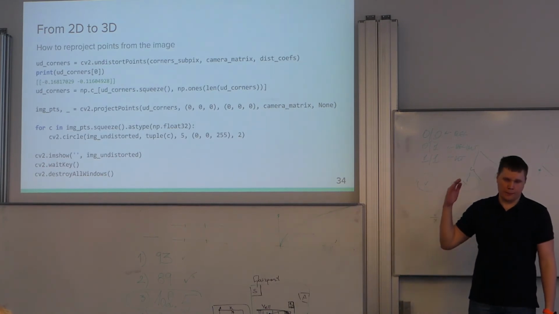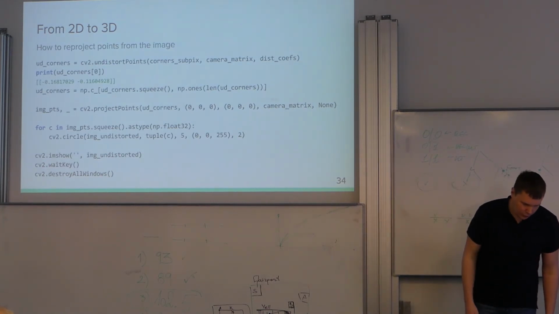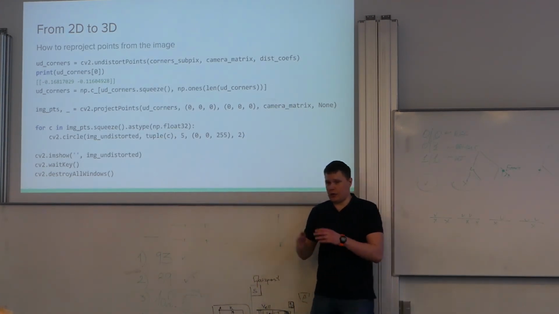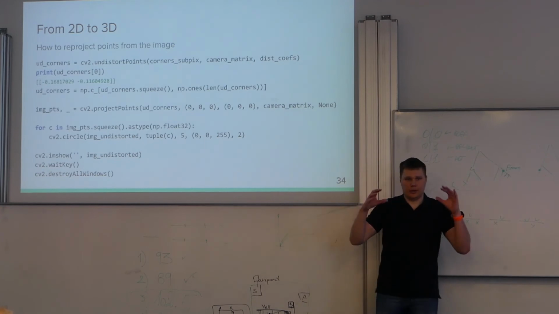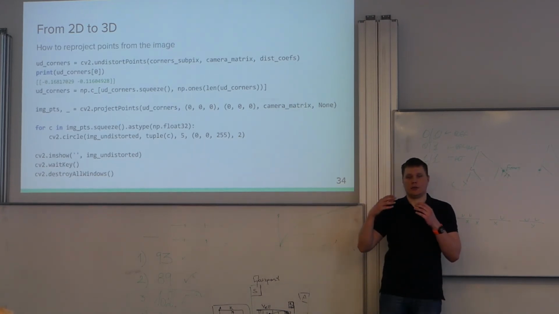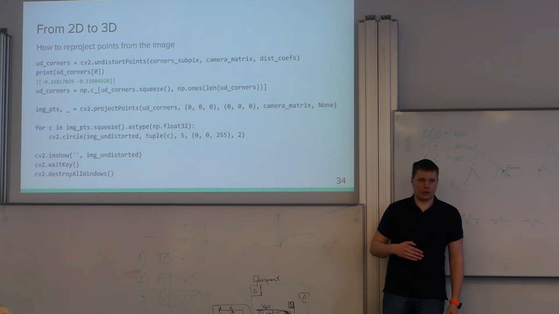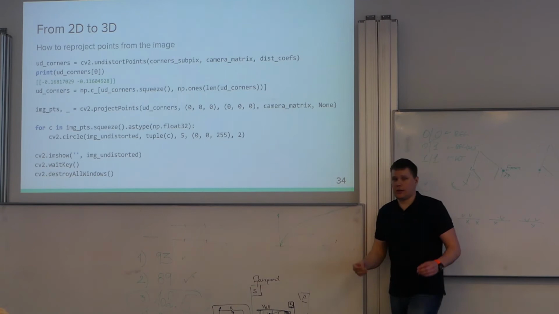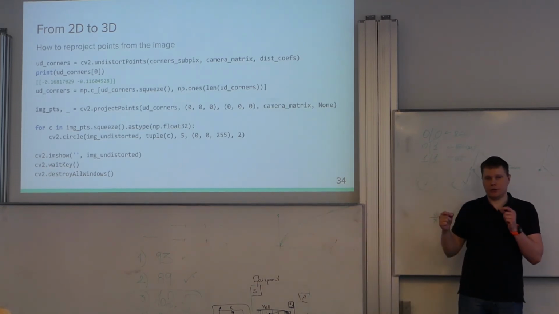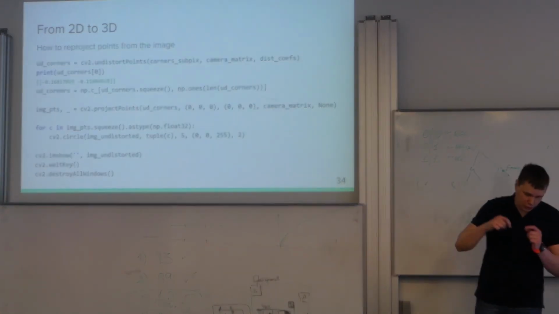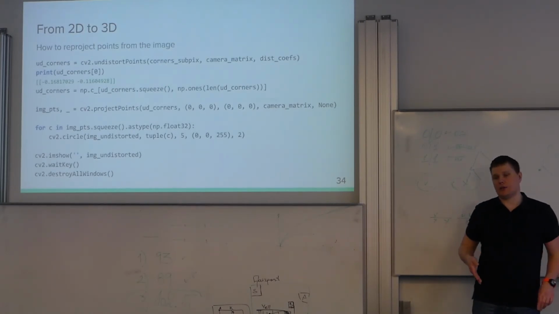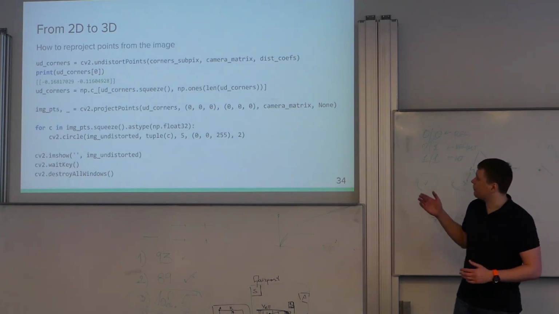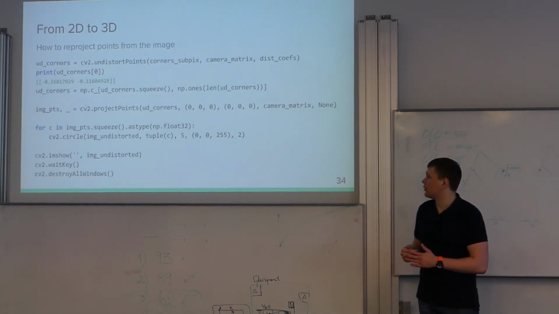And we can project this point back to the camera. We need to use project points. This function is to project 3D points back to the image. So we add 1 for each point to turn our 2D homogeneous coordinate to 3D, and call CV2 project points.